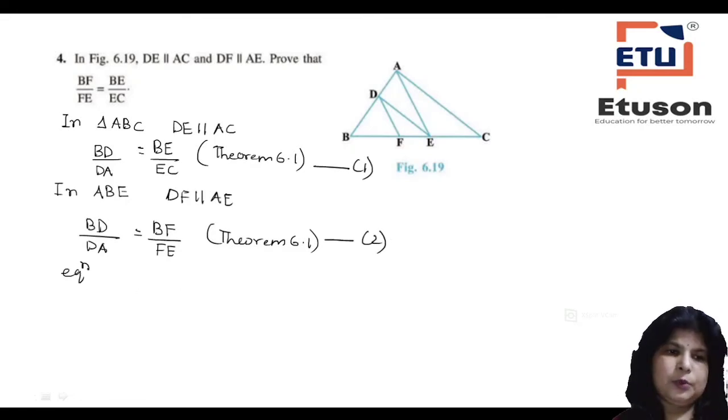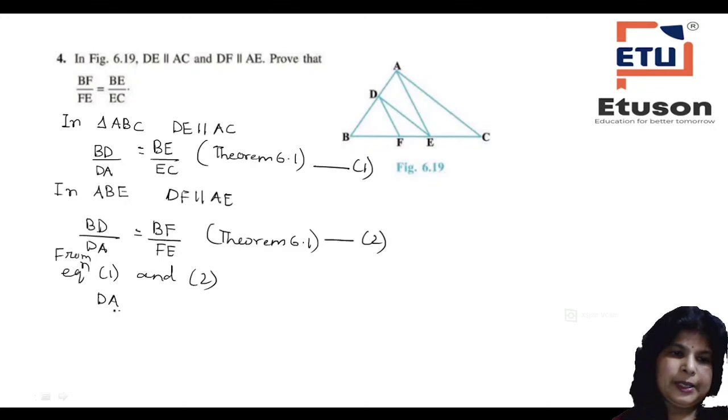So from equation 1 and 2, you get BD by DA is equal to BE by EC is equal to BF by FE.